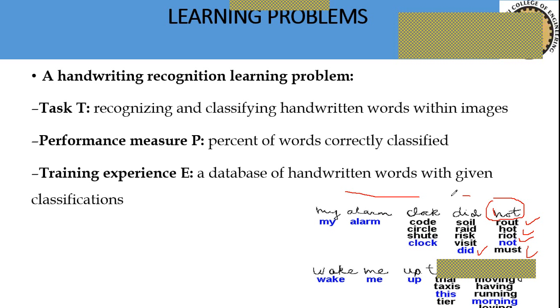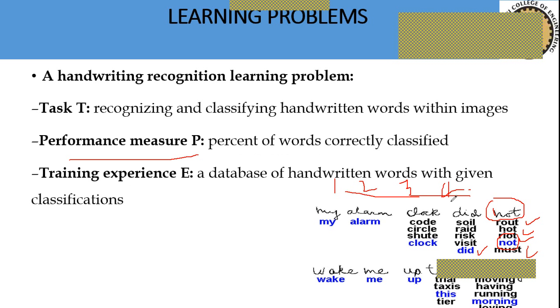Based on the previous four words, 1, 2, 3, 4, this word is more accurate, and they select "not". So the complete statement is "my clock did not", and hence it gives your best performance.